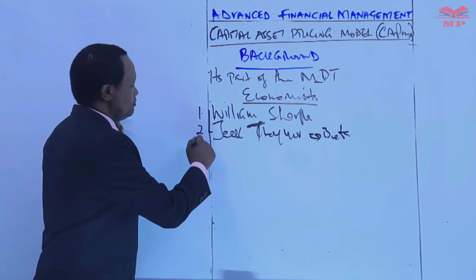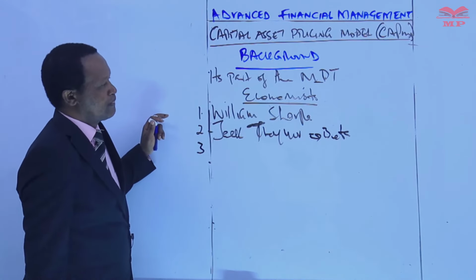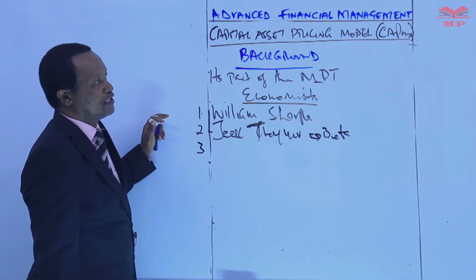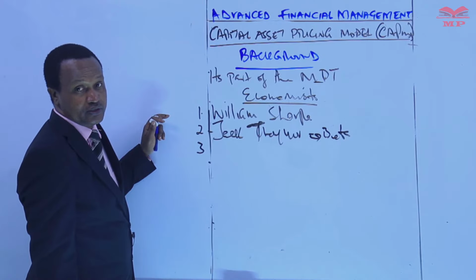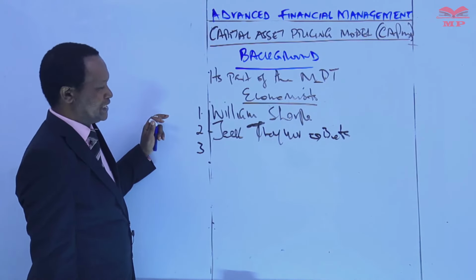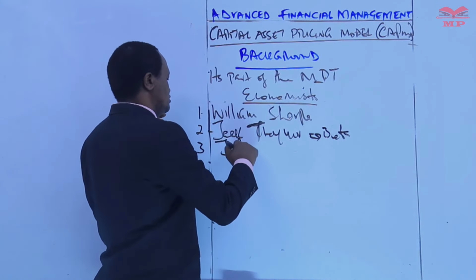Then we must mention another key contributor of this capital asset pricing model, John Lintner. Again, a contemporary of Jack Treynor.